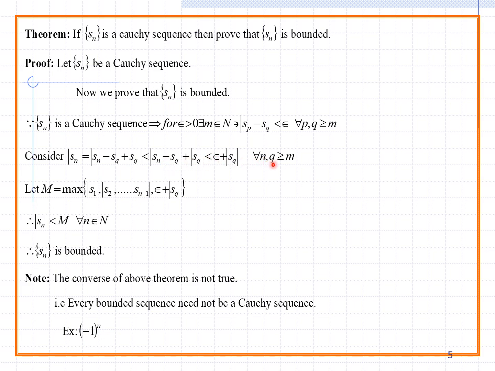So for all n, q greater than or equal to m, let capital M equal the maximum of modulus S1, modulus S2, and so on up to modulus Sm minus 1, and epsilon plus modulus Sq.